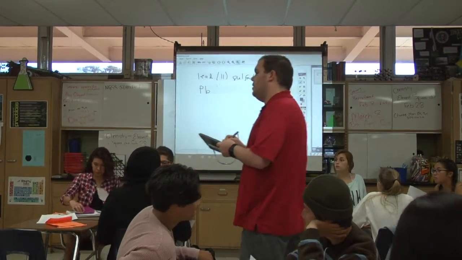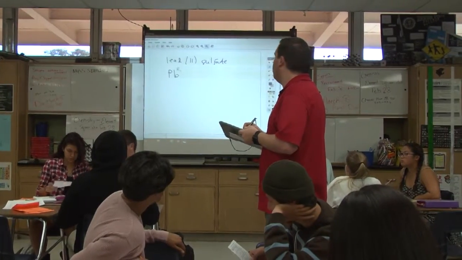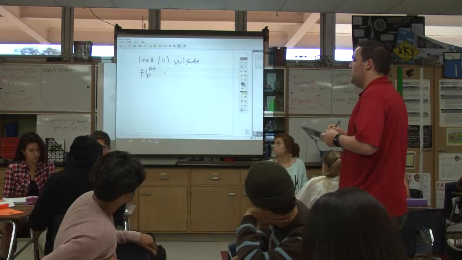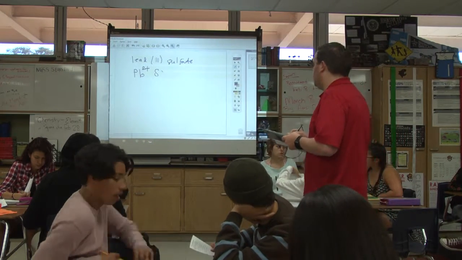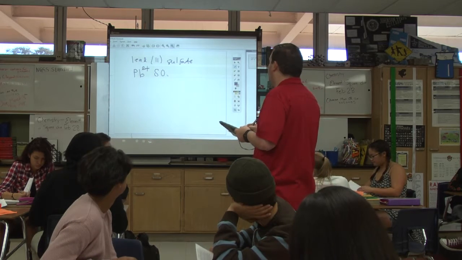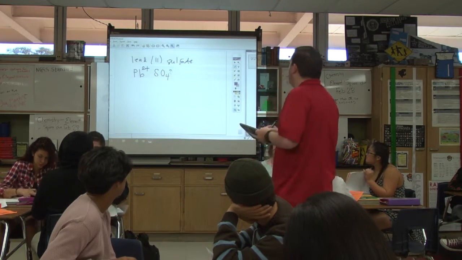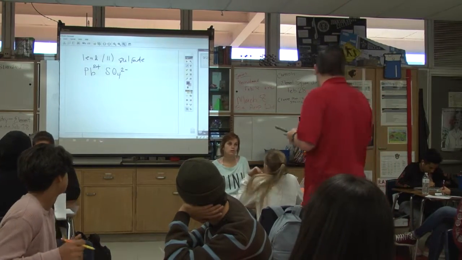So if I have a metal, it's a cation, so what's my charge? 2 plus. Okay, what's my sulfate molecule? Look at your polyatomics. SO4. 2 minus? Okay, what do I do with my charges? We crisscross them, right?